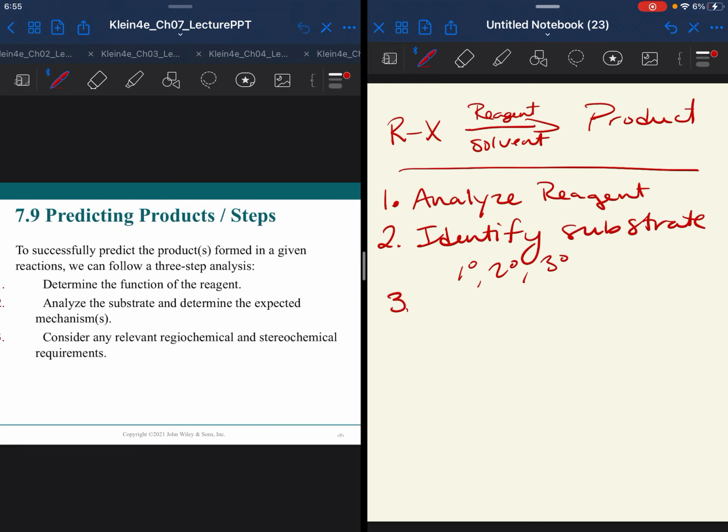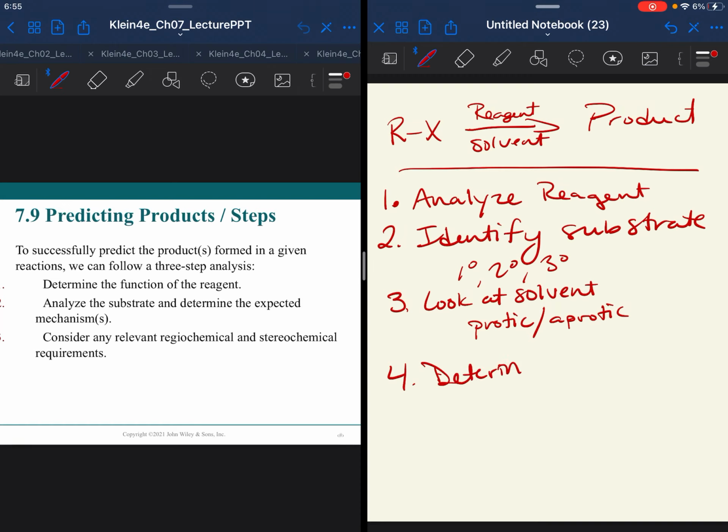Something I'm going to add to the steps over here is look at the solvent, because sometimes you're going to need a tiebreaker after you look at the reagent and the substrate, and the solvent will help you here, if it's protic or aprotic. After you do these two or three things, you will be able to determine the mechanism, all right?